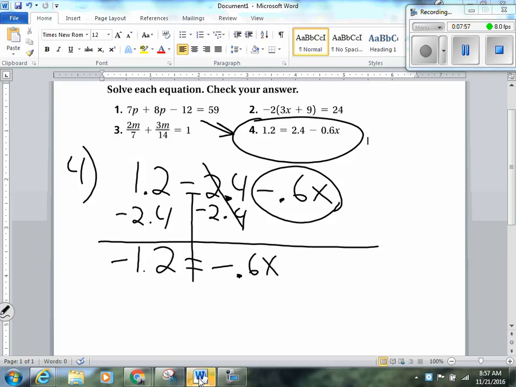I have a number next to the letter, which means I have to divide both sides by negative 0.6. Make sure you have the point in there.